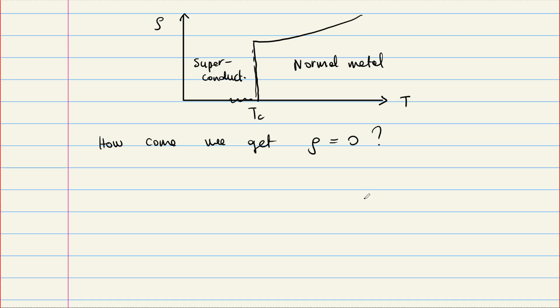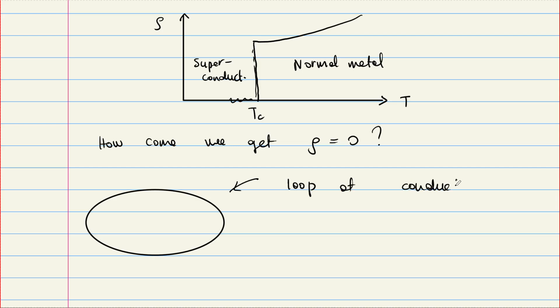The argument goes like this: let's consider a loop of conductor, and let's imagine we bring a magnet here and pierce this loop with some flux.